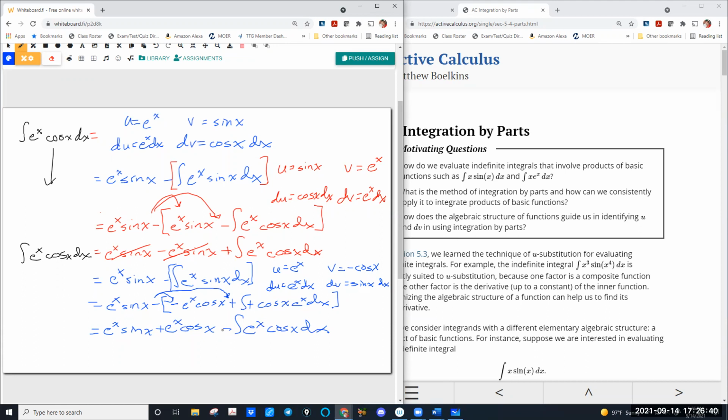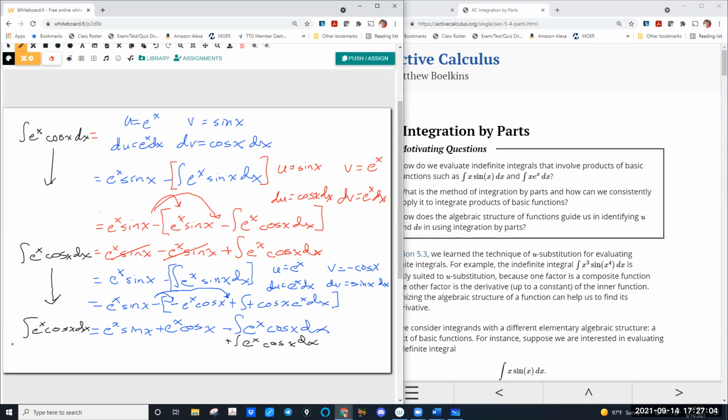Now, this is going to be more useful to us because, again, look at where we started. The integral of e to the x cosine x dx. What we're going to do is we're going to take this guy and we're going to add it to both sides. We're basically going to move it to the other side.